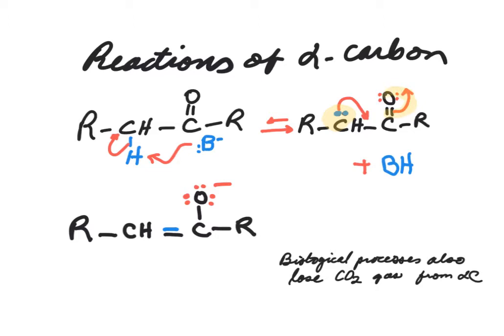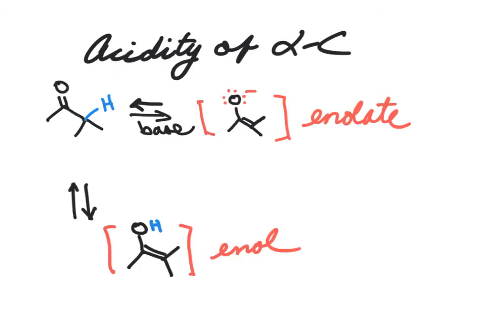The chemistry of the alpha carbon is important in organic chemistry, but is also important for biomolecules, where we will see also the opportunity for losing a molecule of carbon dioxide. The product is stable due to the presence of two different resonance structures.